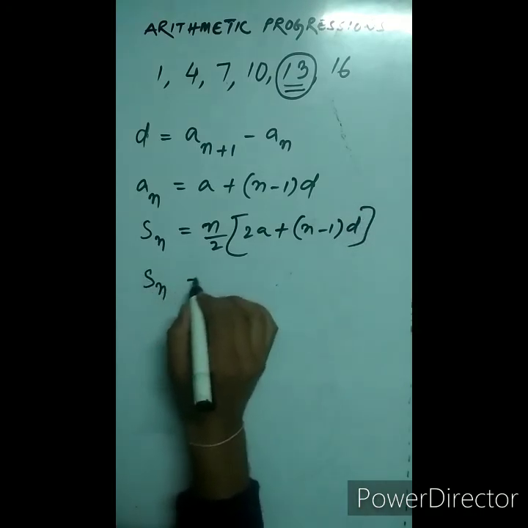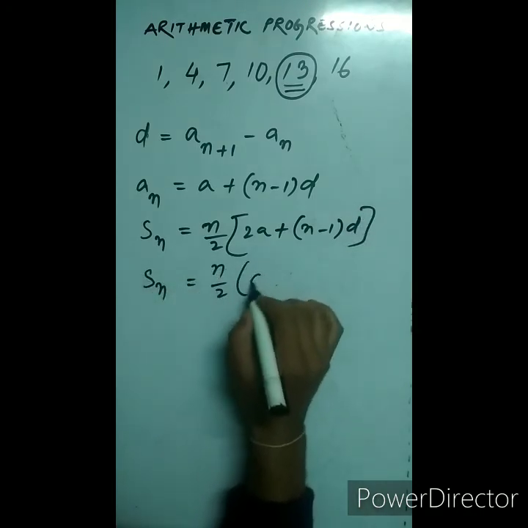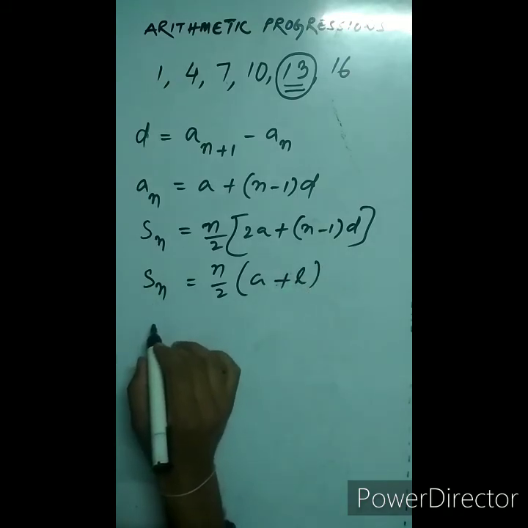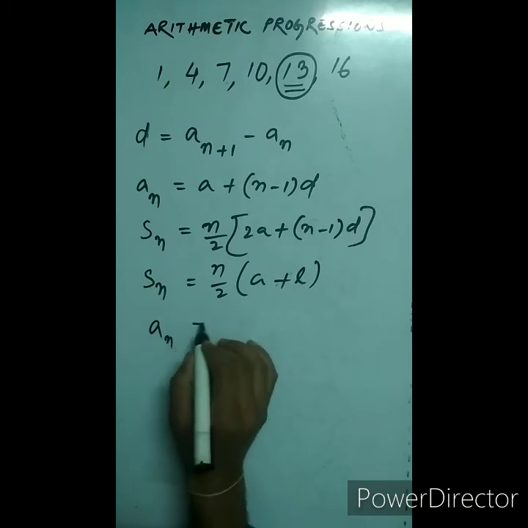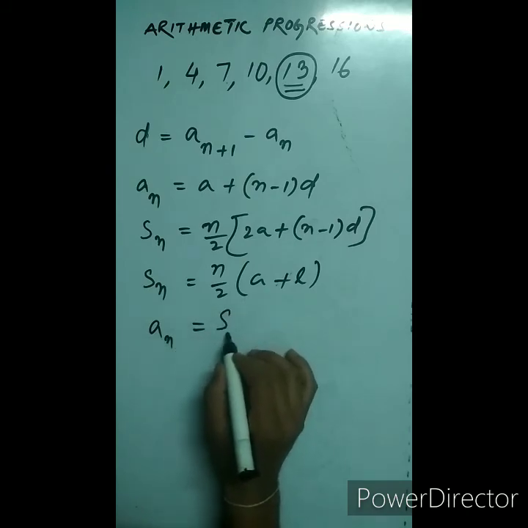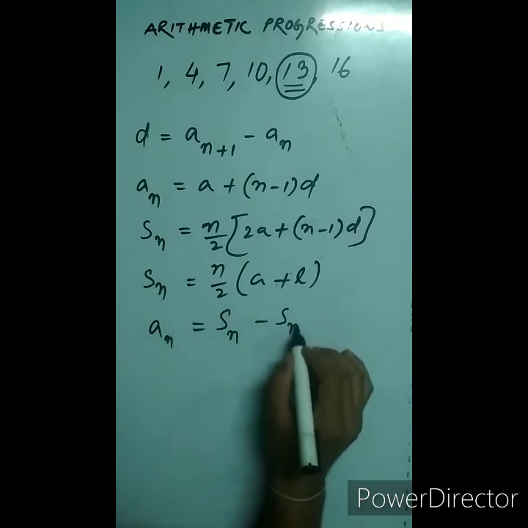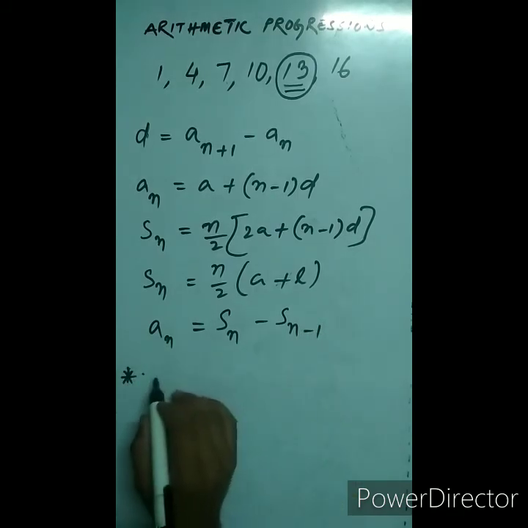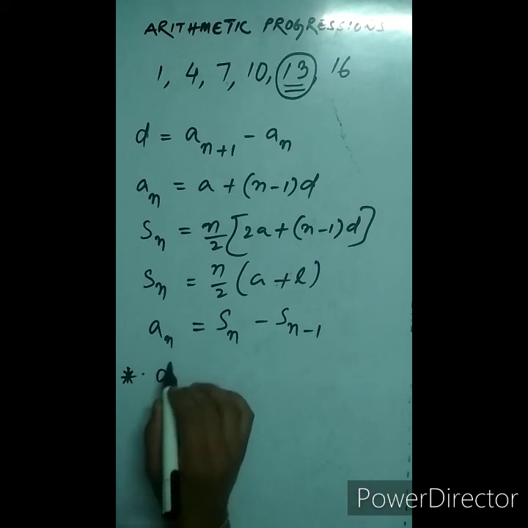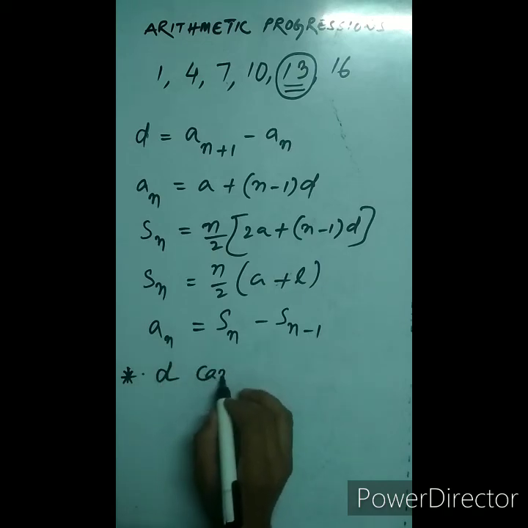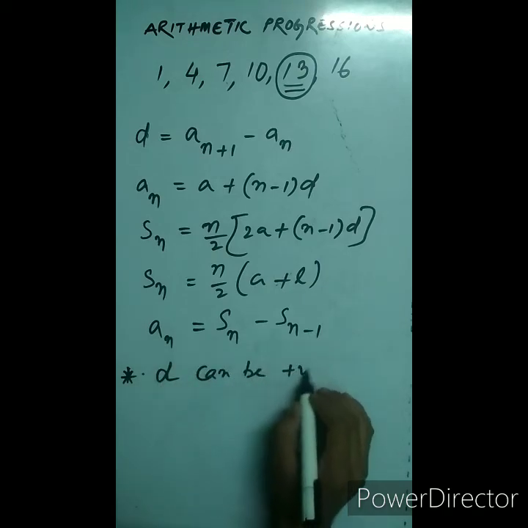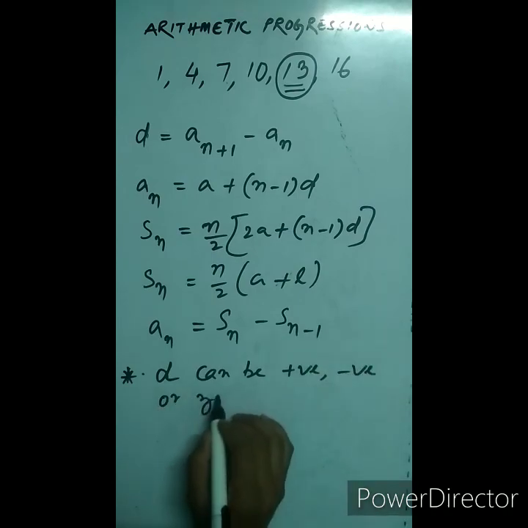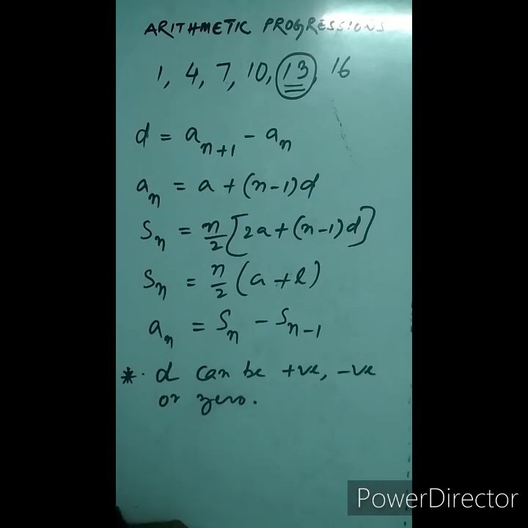One more again, n by 2 (a plus l). And here an is again equal to Sn minus Sn minus 1. And one important point here: common difference d can be positive, it can be even negative, or it can be even 0 as well.